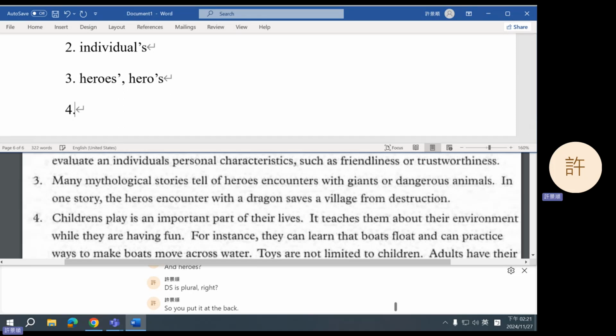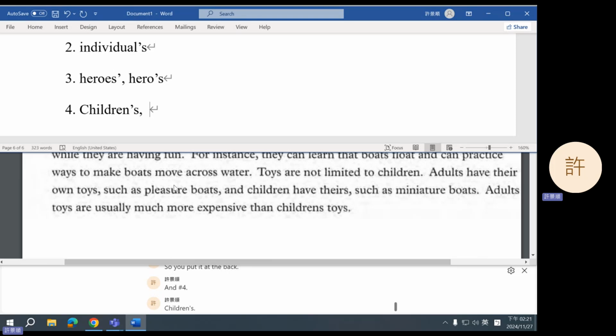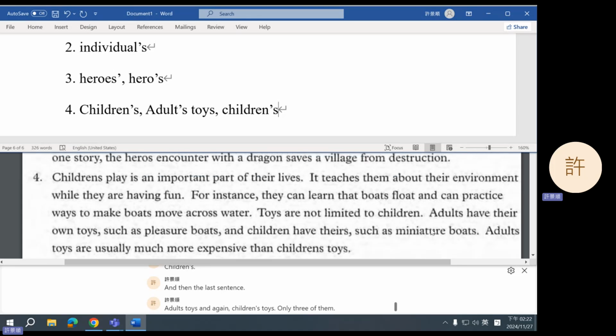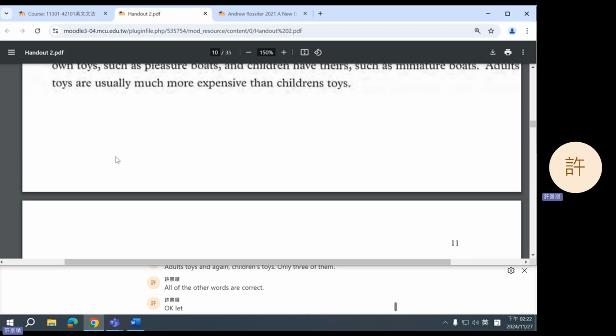And number 4, children's. And then the last sentence, adults' toys, and again, children's toys. Only 3 of them. All of the other words are correct. Questions? Okay, let's continue.